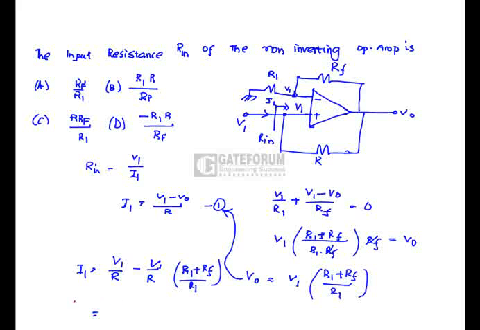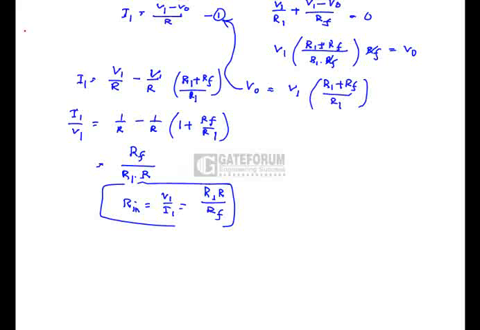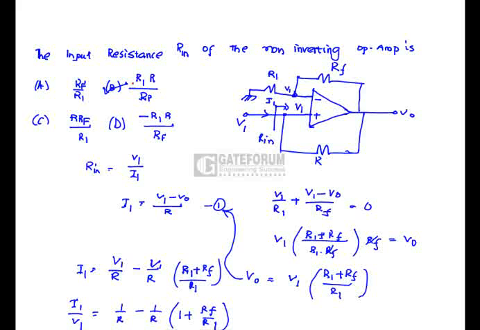So I1 by V1 equals 1 by R minus 1 by R times 1 plus RF by R1, that is RF by R1 into R. So the input resistance is V1 by I1, so R1 R divided by RF. So option B is correct.